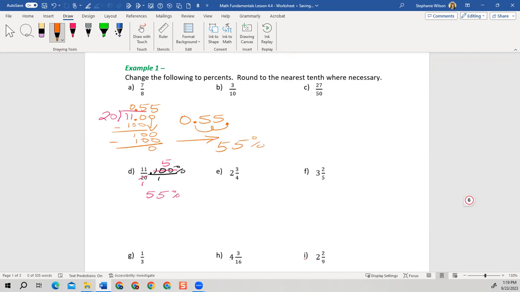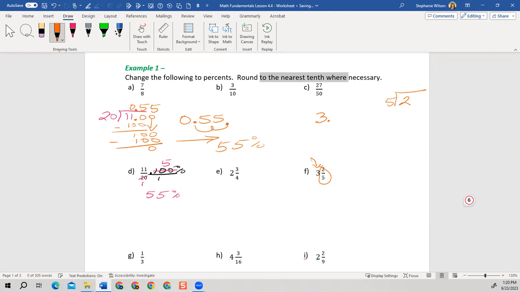All right, so let's look at F here. F is a mixed number, and we're going to put it into percent. So you can multiply it by 100%, or you can change it to a decimal and then move it. Let's change it to a decimal first. I noticed that I have this whole number, which means it goes in front of the decimal. That leaves me figuring out what decimal form this fraction is. So top number goes inside the doghouse, and bottom number goes on the outside.